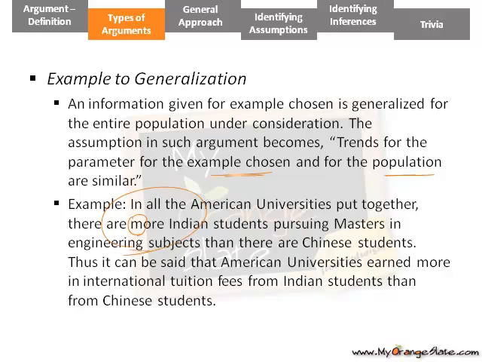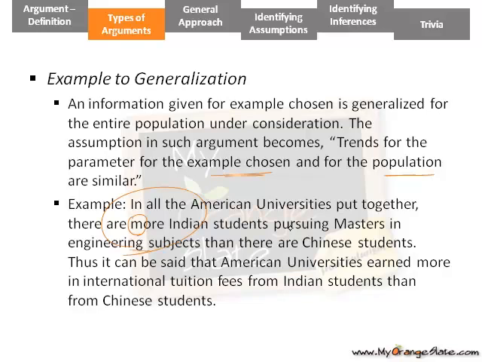Say if we take an example, in all the American universities put together, there are more Indian students pursuing masters in engineering subjects than there are Chinese students. Thus it can be said that American universities earn more in international tuition fees from Indian students than from Chinese students.